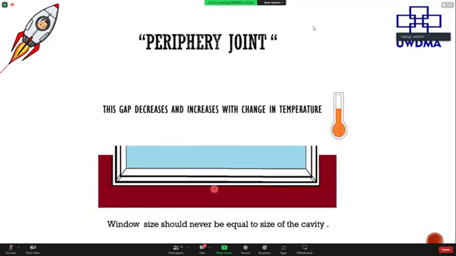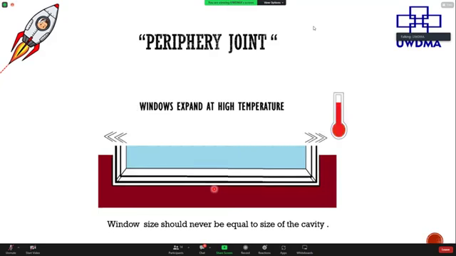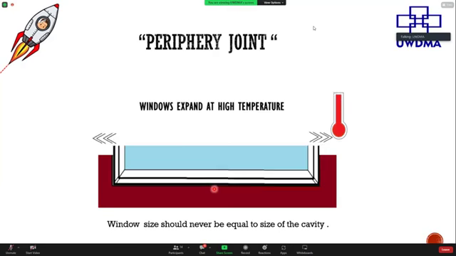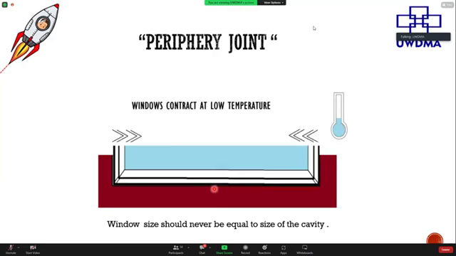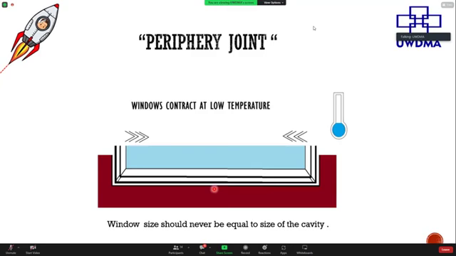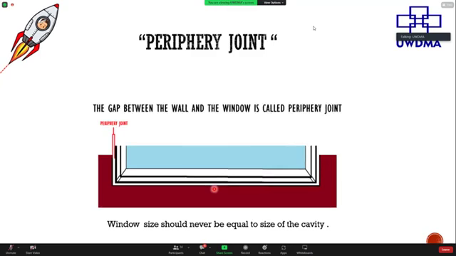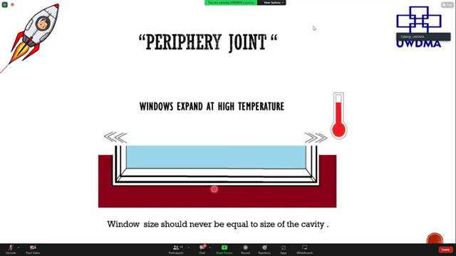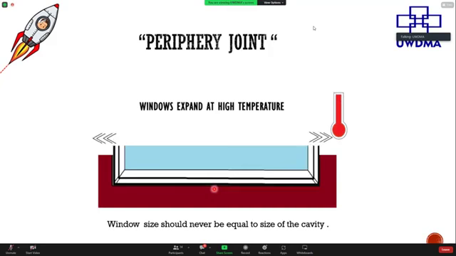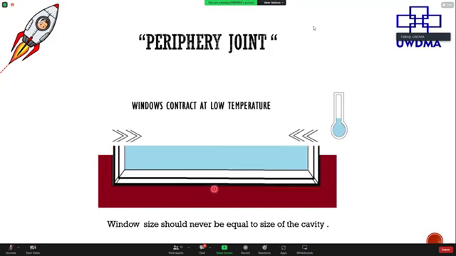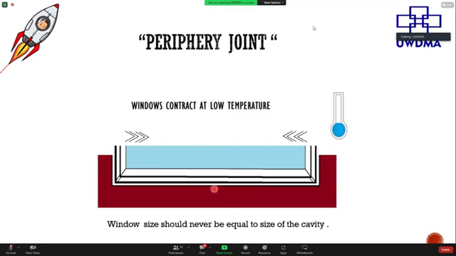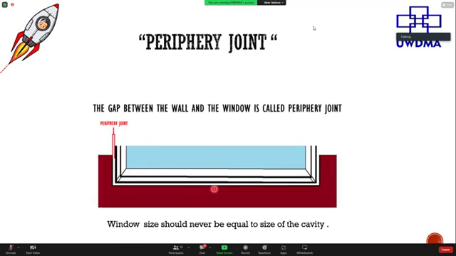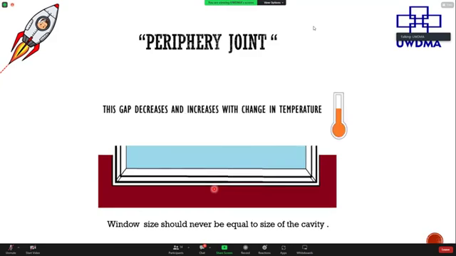So a very big important point in our UPVC window installation is the periphery joint. What is the periphery joint? It is the gap between the wall and the window. Okay, there is a gap that needs to be kept between your wall and the window, because, as we all know, all materials tend to expand in summer and contract in winter.